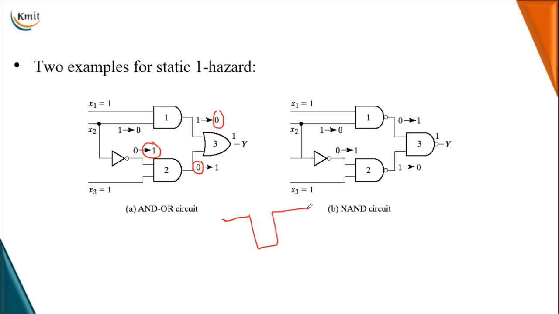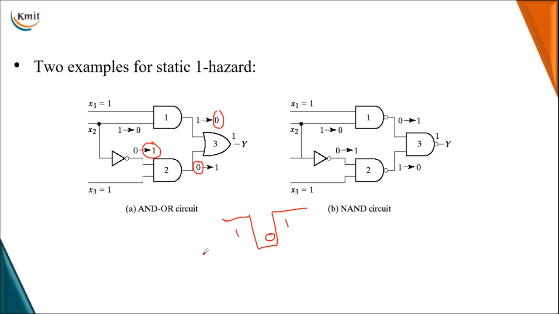Like this, for a moment it moves to the 0 state, and after that it comes back to logical 1 due to this time delay element, which is a NOT gate. This type of hazard, a small moment of change in your output moving from 1 to 0, is called a static 1 hazard.